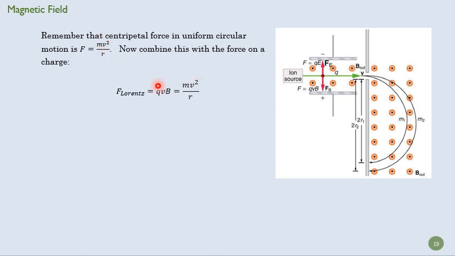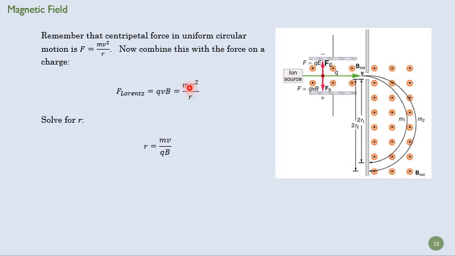So here's our Lorentz force. In a motion like we were just talking about, in a uniform field, that's going to create a centripetal acceleration here. Then we can manipulate this to get some useful results.